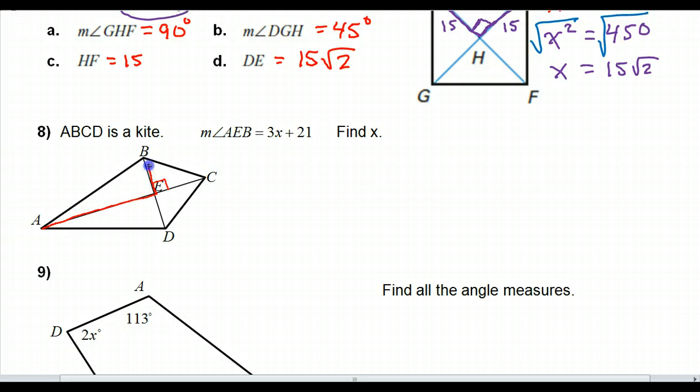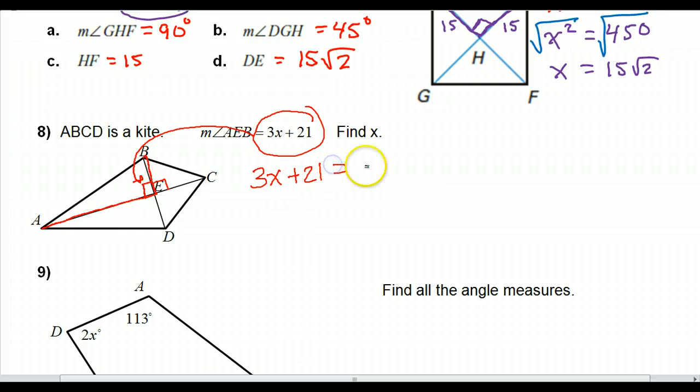This is the angle we're trying to find. It is 90 degrees because they're perpendicular. If AEB is 90 degrees, and AEB is 3x plus 21, we can make the equation: 3x plus 21 equals 90.